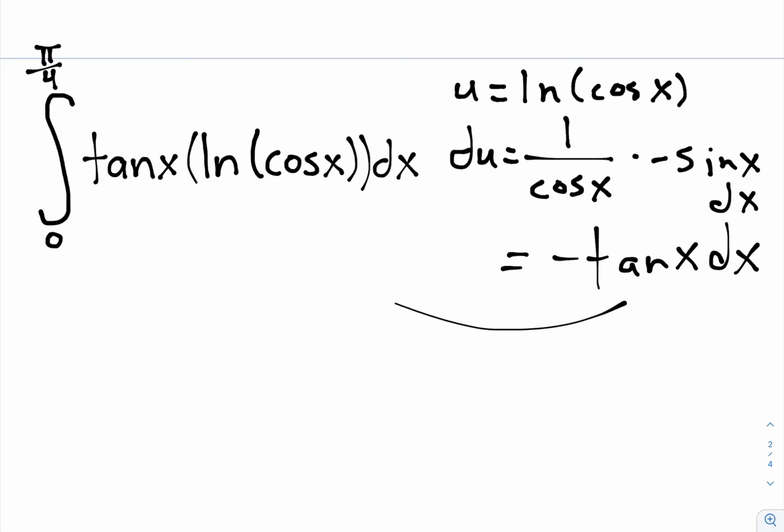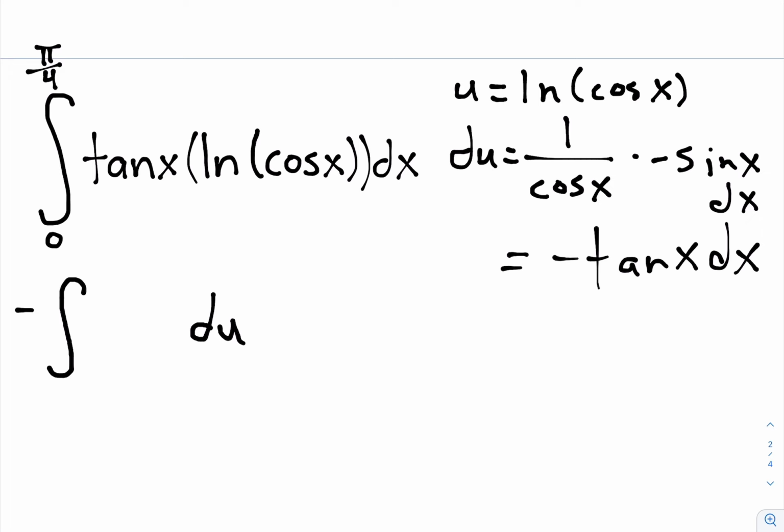Okay, and notice that we see tangent over here, and we see dx over here. So if we bring a negative out in front, that should take care of the tan x and the dx. So it'll be negative, and then the integral, and we can have our du.